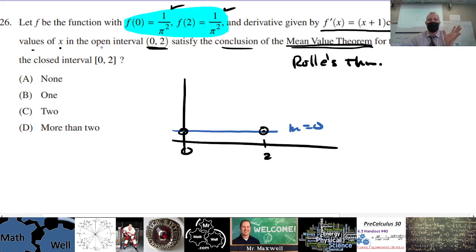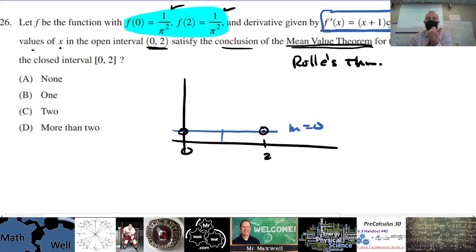It does not tell us that this function is differentiable and continuous on the interval. That's what it doesn't tell us. It gives us endpoints. We don't know if there's an asymptote in here somewhere. We also don't know if there's a cusp or corner or something. So I guess what you're looking for is whether there are any values of x, specifically between 0 and 2, that would make this discontinuous.